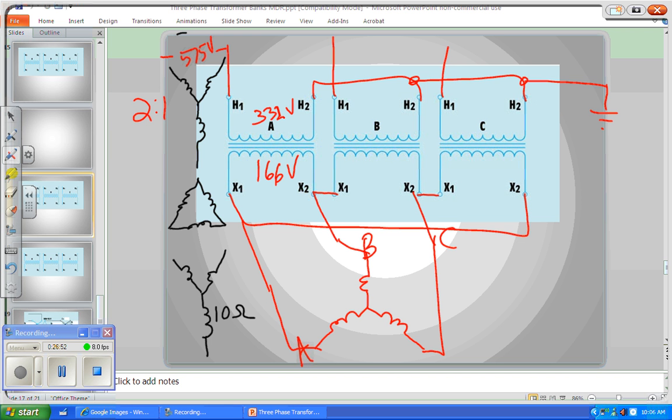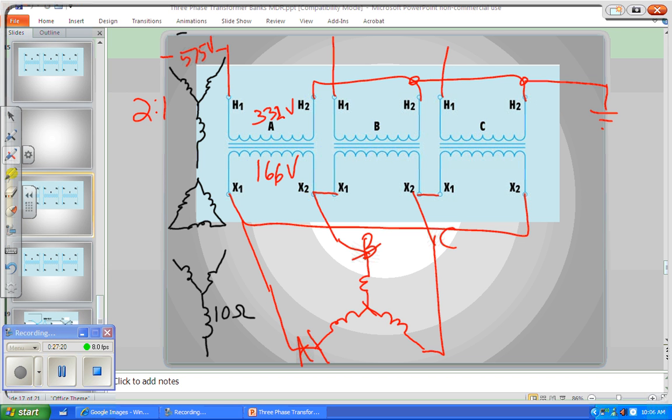We have A, B, C. And so my line voltage coming to the load is 166 volts.